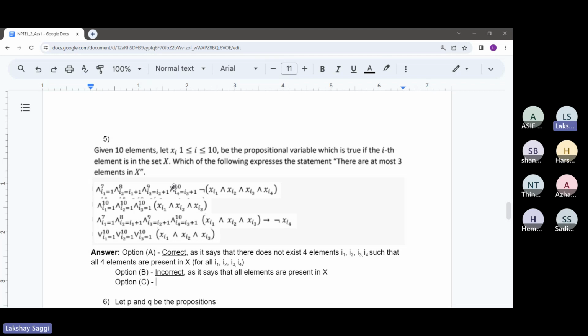What this statement is saying is that if I1, I2 and I3 are present in X, then I4 must not be present. Like if I1, I2, I3 are present, then I4 is absent, not xi4.